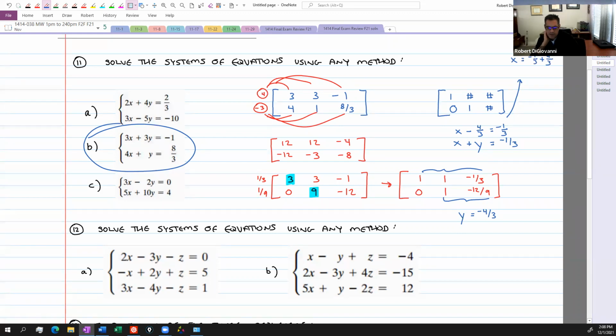And that should give you 3/3, which is 1. So x is 1. X is 1, y is -4/3. Now, if you wanted to use substitution or elimination and leave things x and y, that's fine. I'm just showing you how to do it with the matrices.